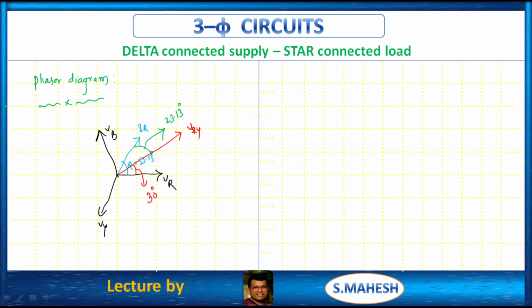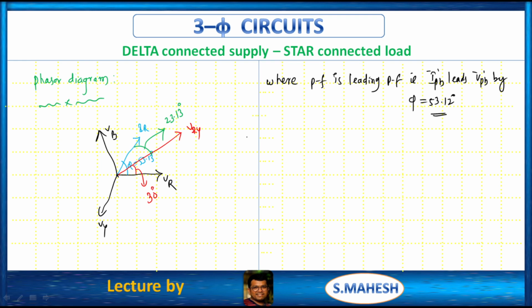This is the important note point of capacitive load, where the power factor is leading power factor, that is I phase leads V phase by phi, which is equal to 53.13.